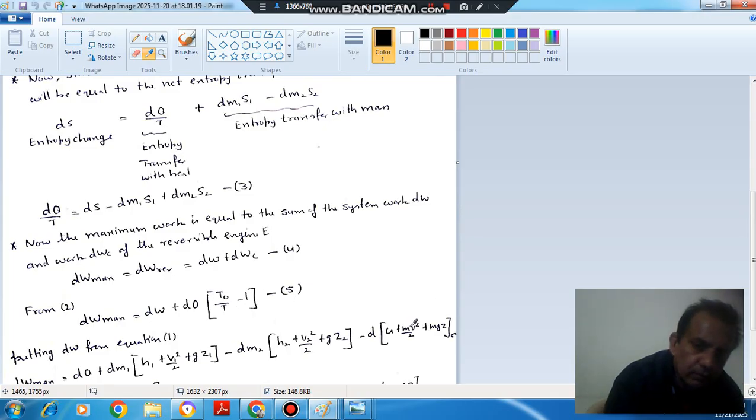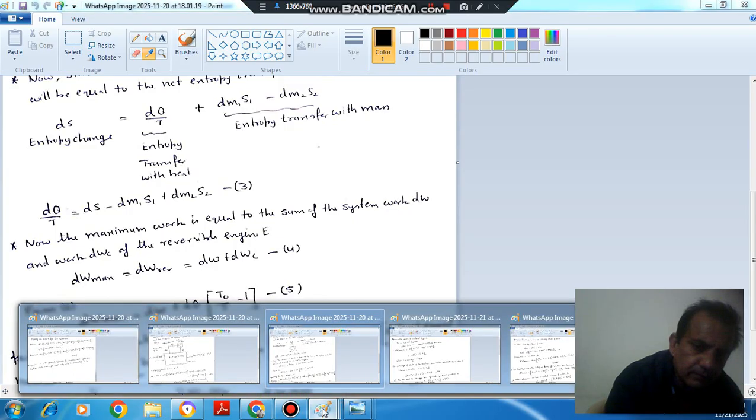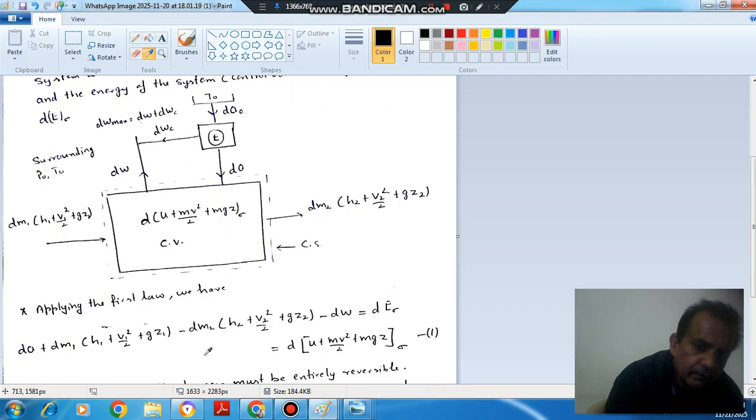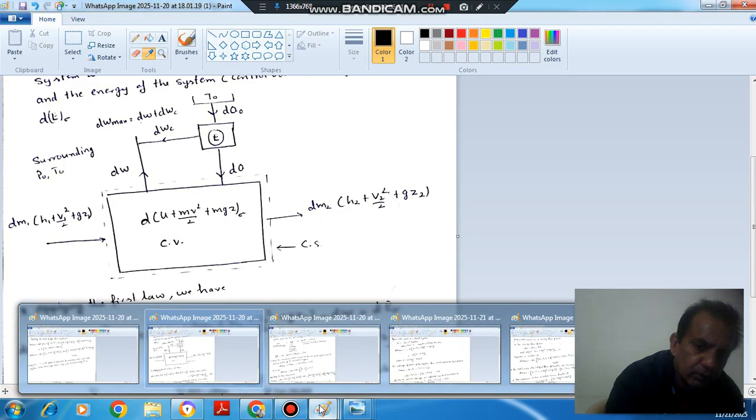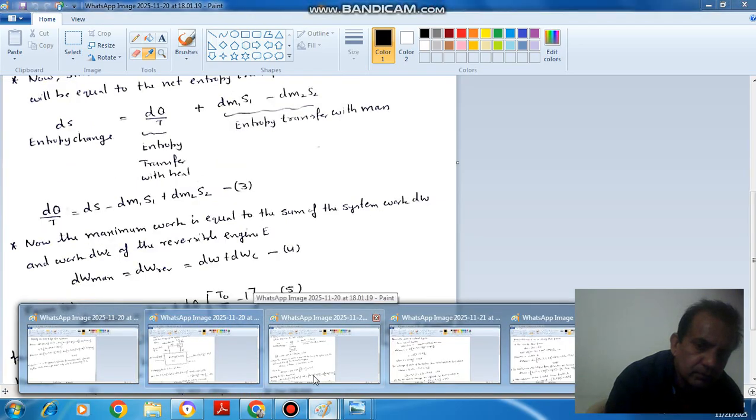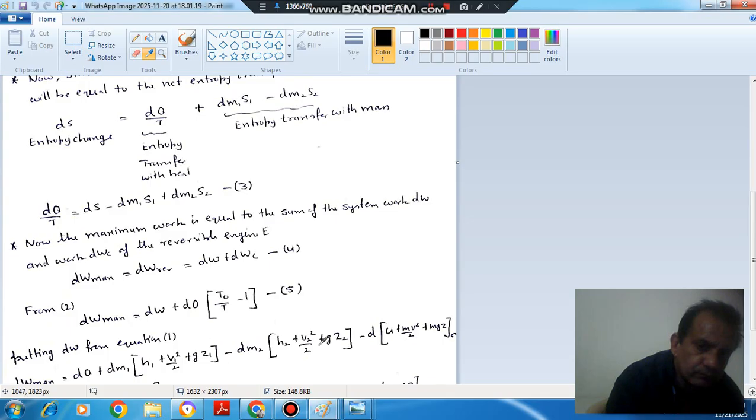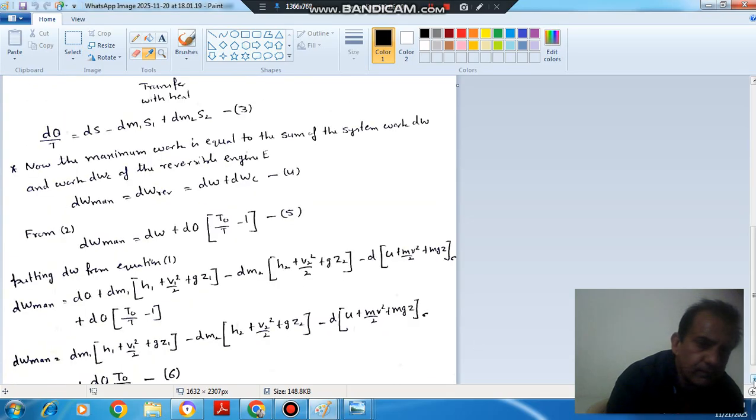So now our equation number 1 is in the form of dW, so we can put the value of dW from equation 5. So this will be your dW max. We can put the value of dW here.